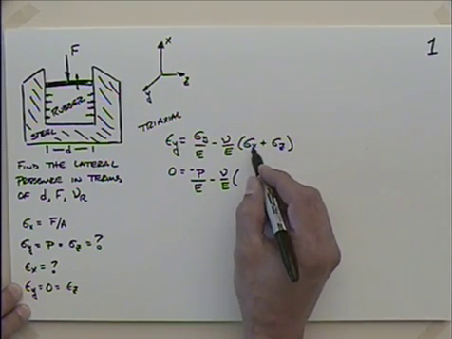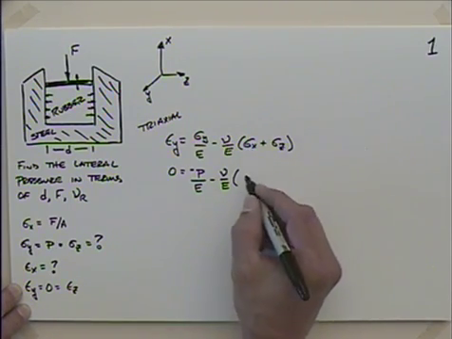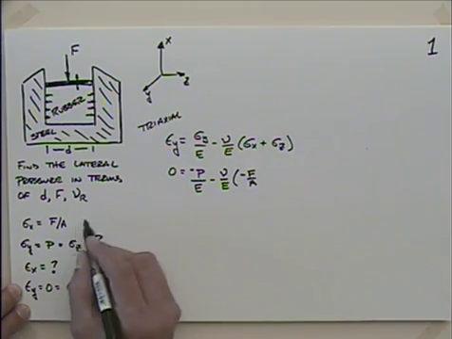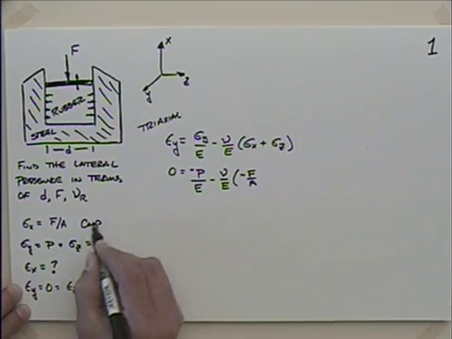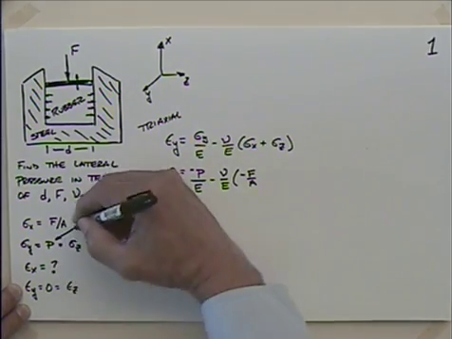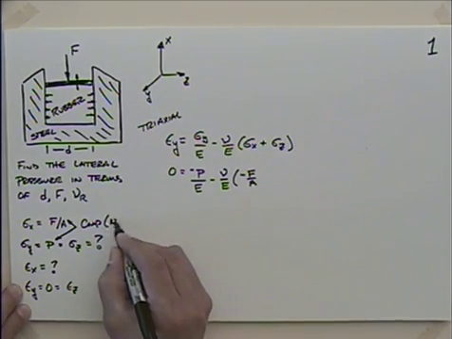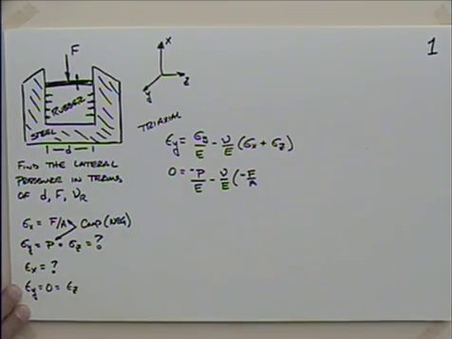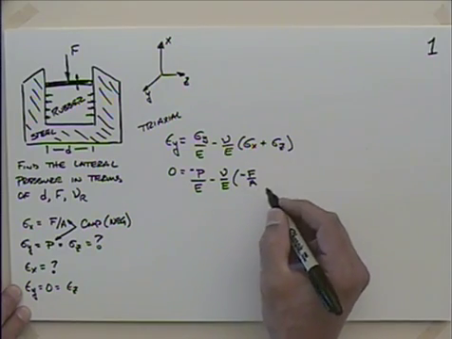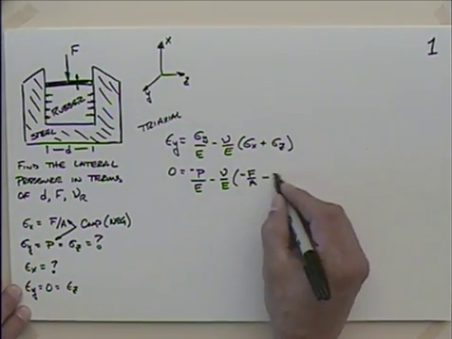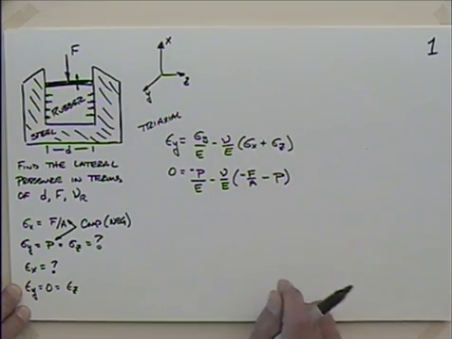Sigma x. That would be minus F over A, and maybe I better be careful and say that these are both compression. So if we talk about this in compression and that in compression, that's where we're getting those negative signs. Okay, so minus F over A. And then sigma z. Do we have sigma z? Yep, that was also minus P.